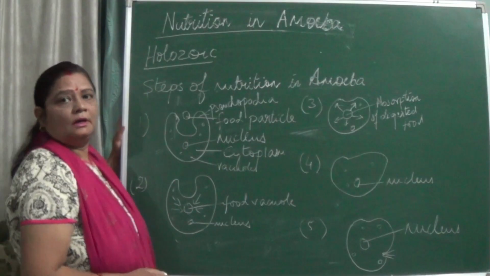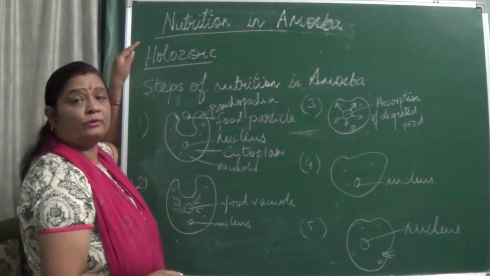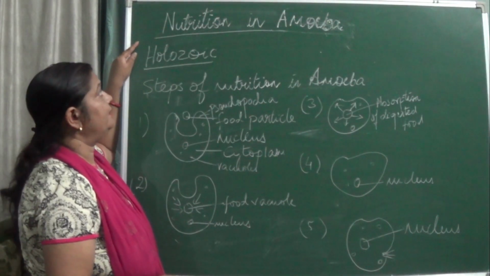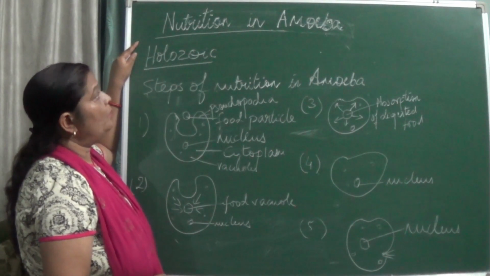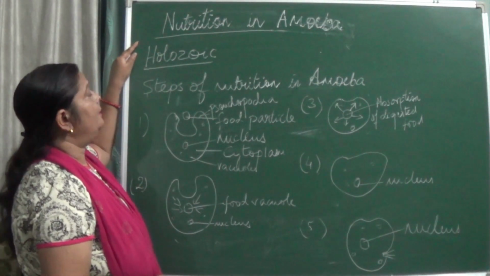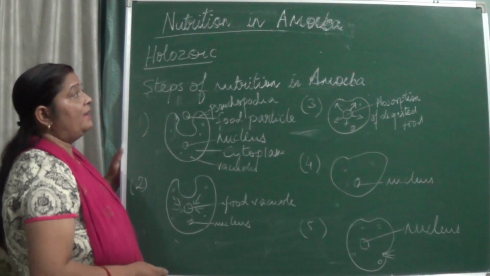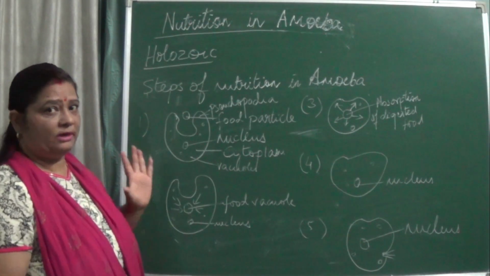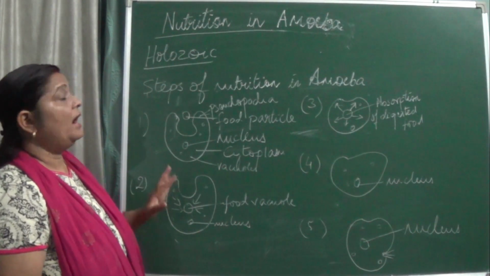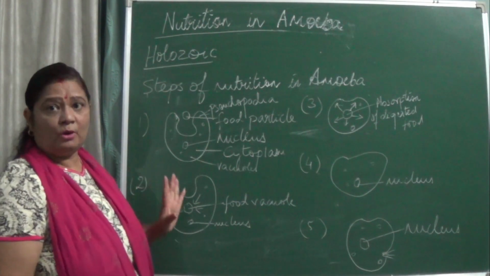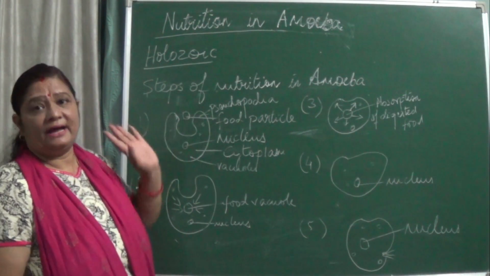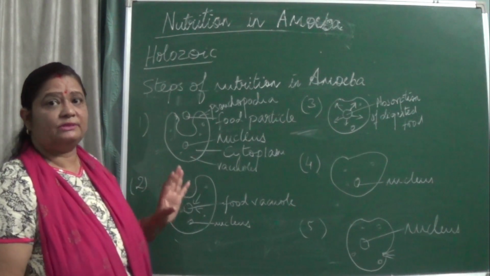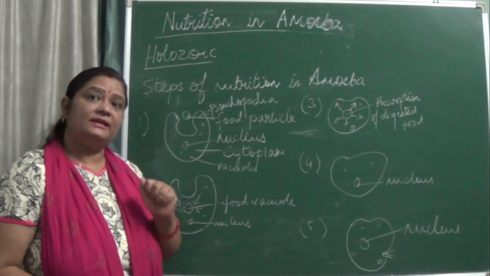Okay, now we have studied the steps of digestion, isn't it? Now we will be studying nutrition in amoeba. Amoeba is the simplest organism and can't prepare its own food. It belongs to the group animals only. They are protozoans, consisting of a single cell.